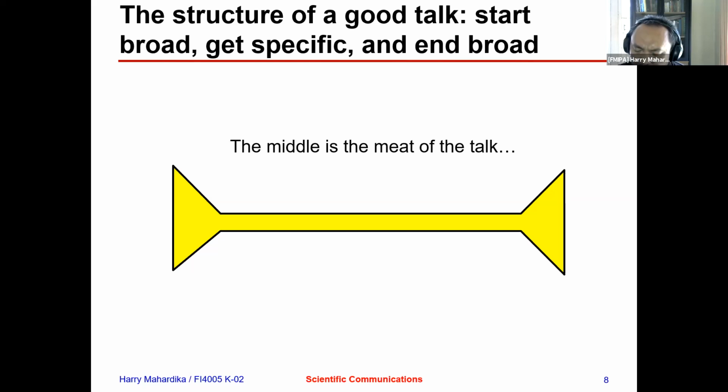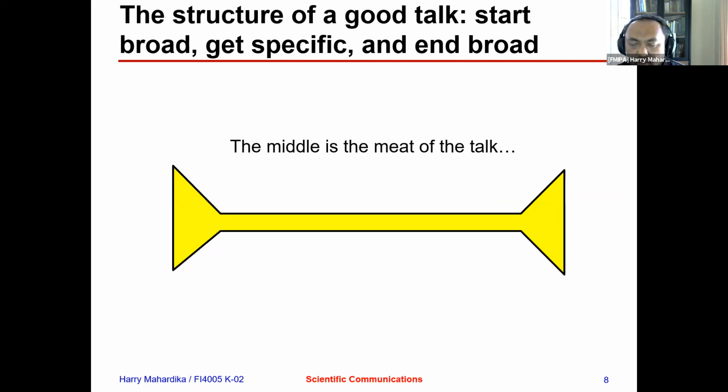previously in the talk. If in the introduction your intention is to grasp the attention of the listener to hear what you're going to say, then the middle part is the explanation or description of the thing that you want to convey.